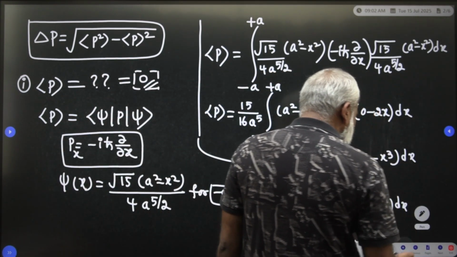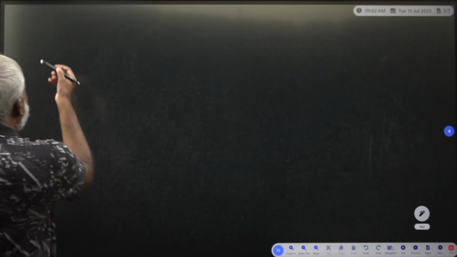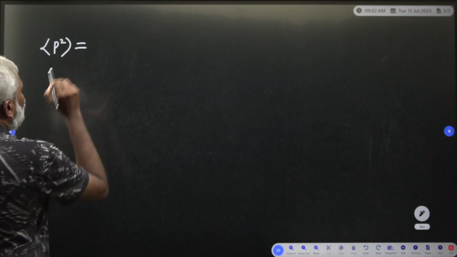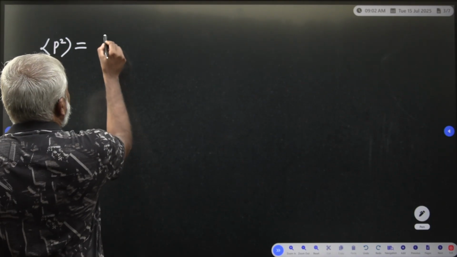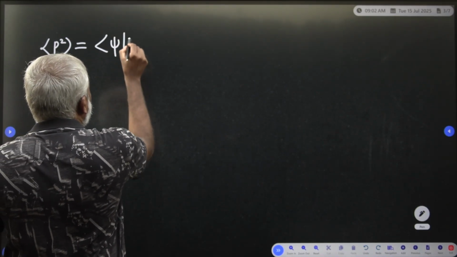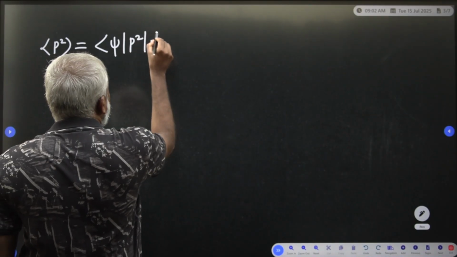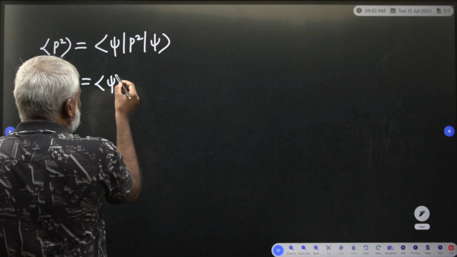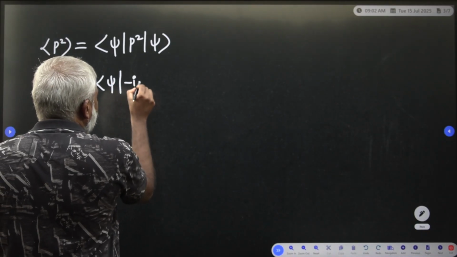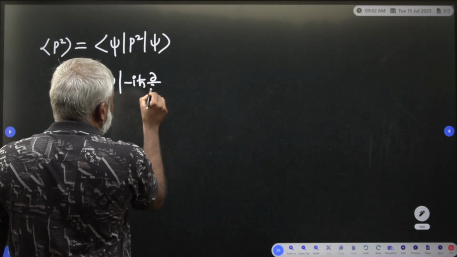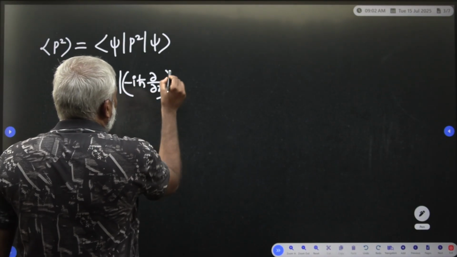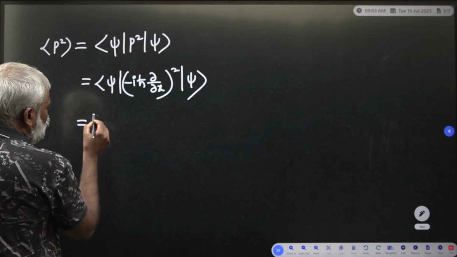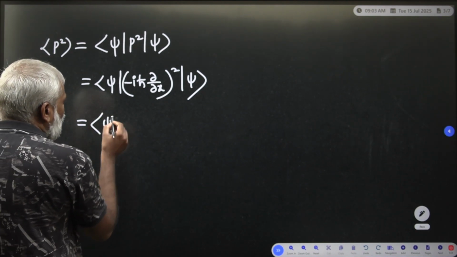So, how are we able to calculate the expectation value of p square? You have to see. The expectation value of p square is equal to bra psi p square ket psi. So, therefore, bra psi p square is equal to minus iħ ∂/∂x, whole square, into bra psi.